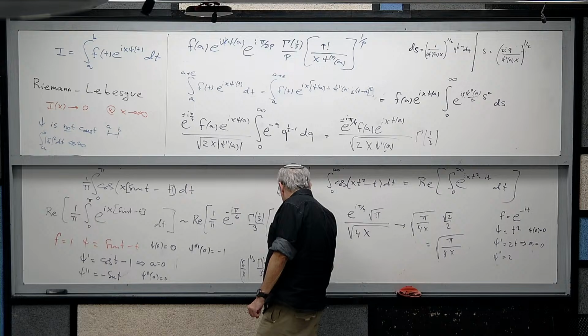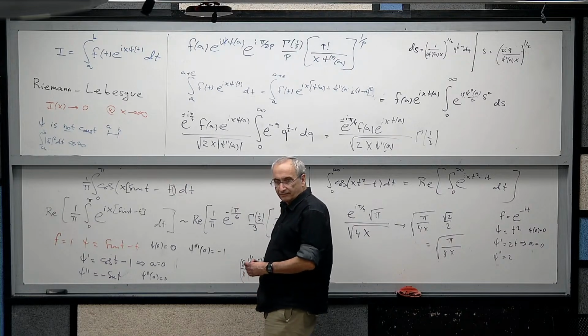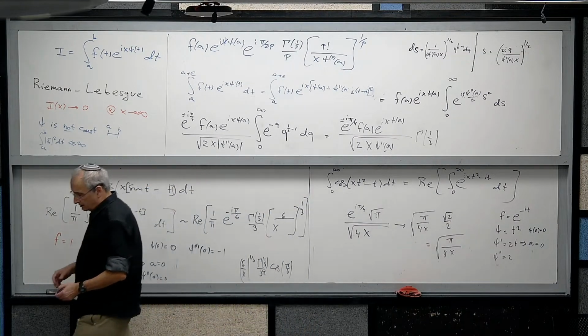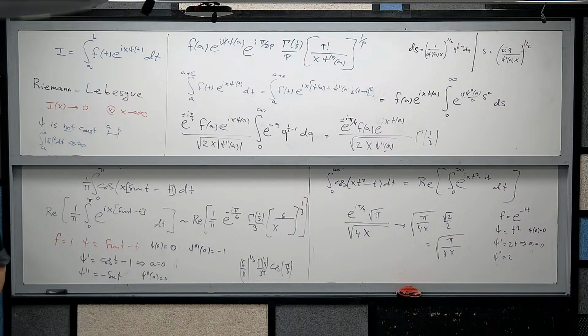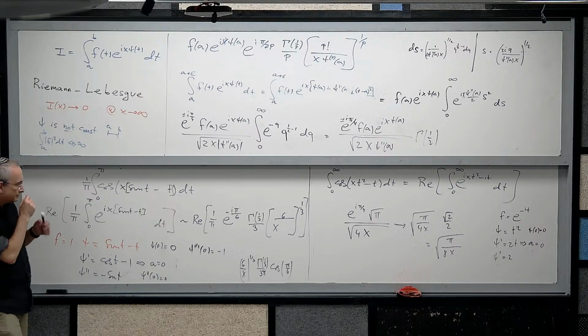Do we have something else? No. Cosine of pi over 6 is square root of 3 over 2, if I remember correctly.